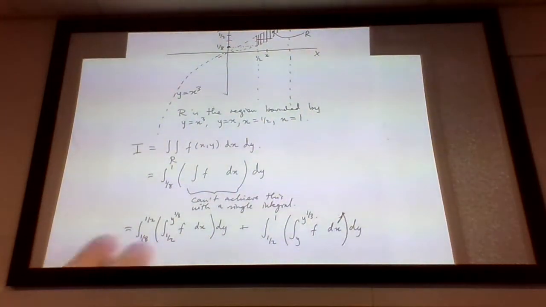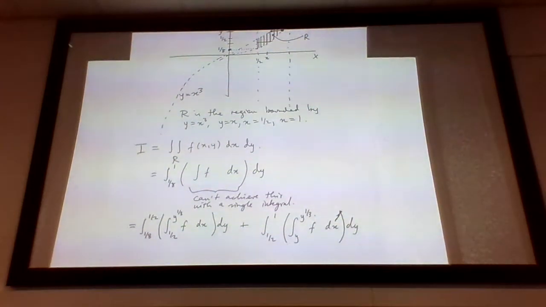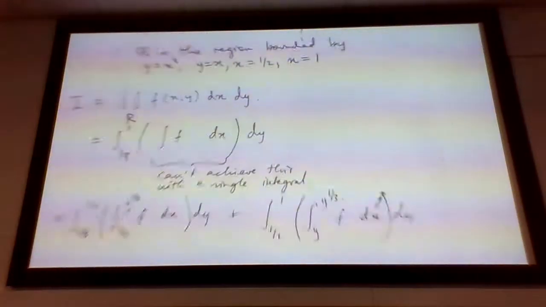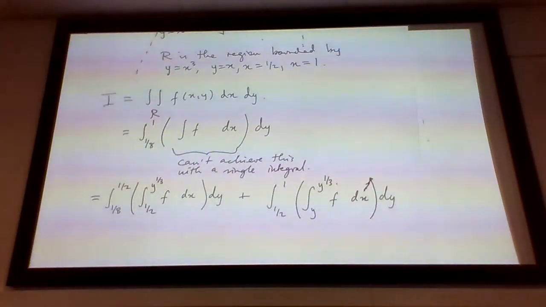Okay, any particular questions about that? Okay. So there are some tutorial exercises there in 1.7 on dealing with integrals over non-rectangular regions and changing the order of integration if necessary.